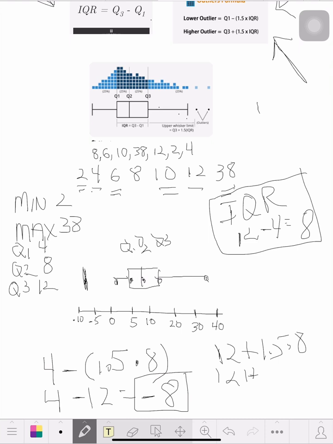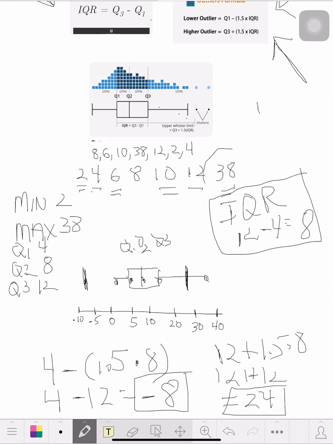Plus 12 equals 24. So that's the outlier boundary on the right-hand side. So anything past, I'm going to write it right here, I'm going to write 24. There's the number. That's the acceptable range that we're going to take. Anything outside that range, we're not going to take. We're going to consider it an outlier. We're going to say, something's wrong with this number.